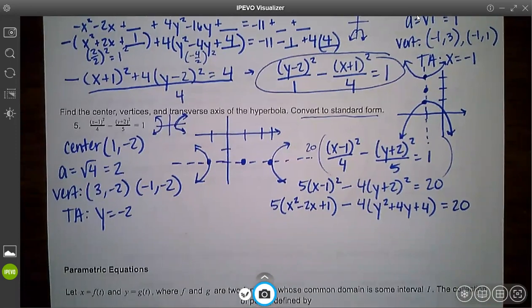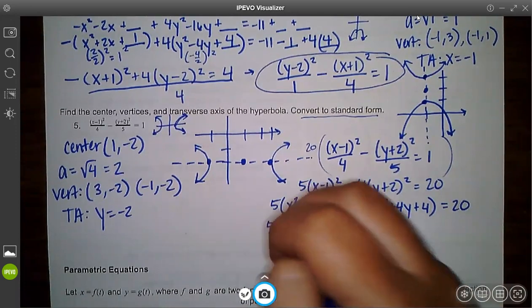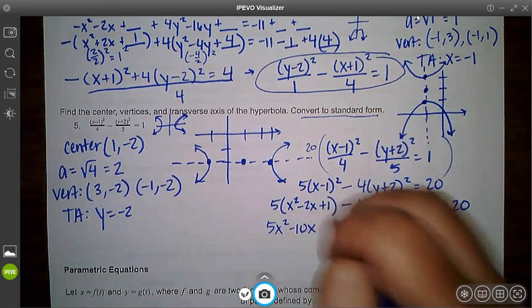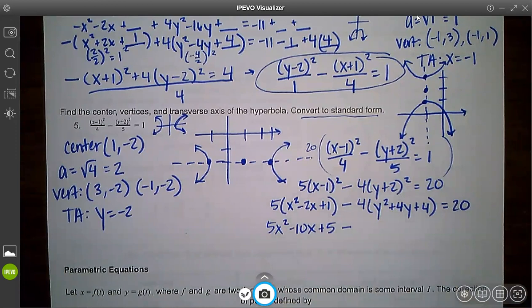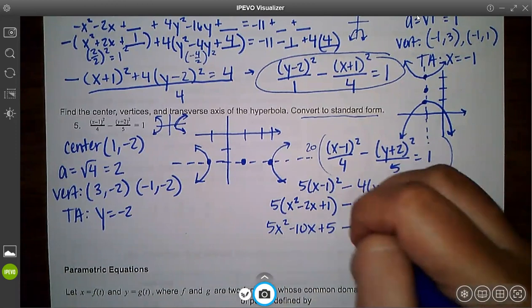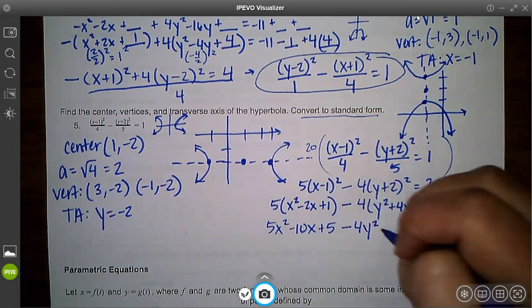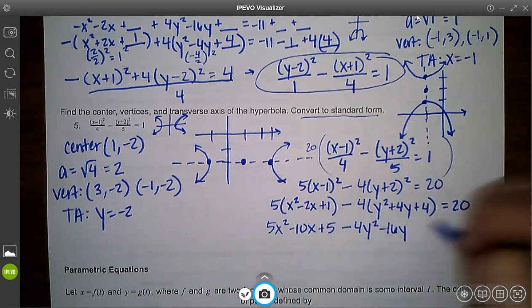I will then distribute my coefficients. So I have 5x squared minus 10x plus 5. Here I have to distribute both the negative and the 4. So negative 4y squared, negative 16y, negative 16.